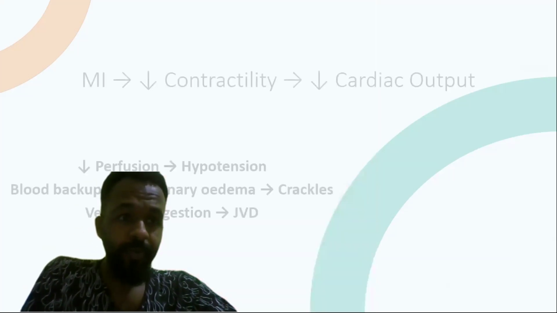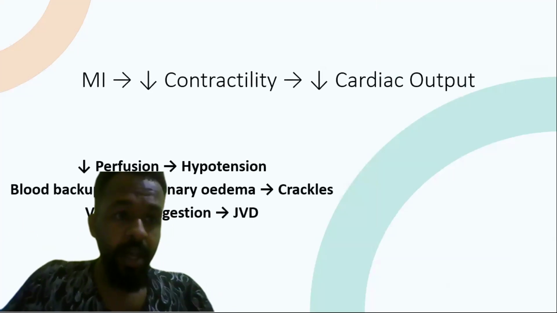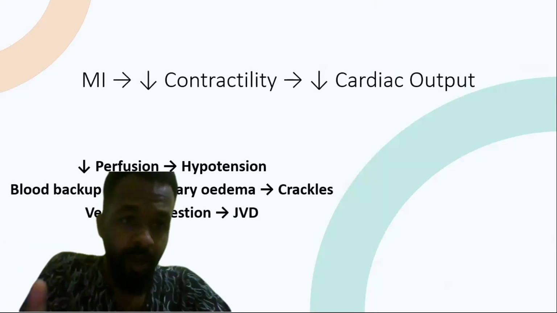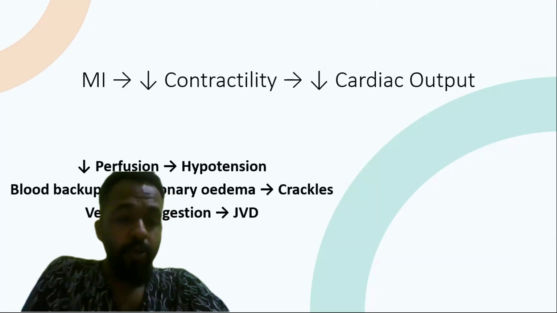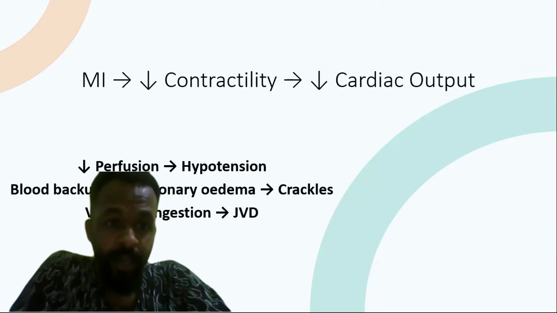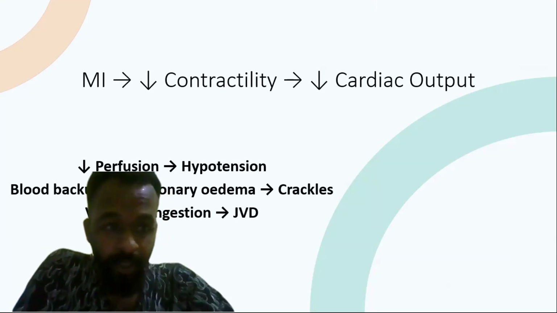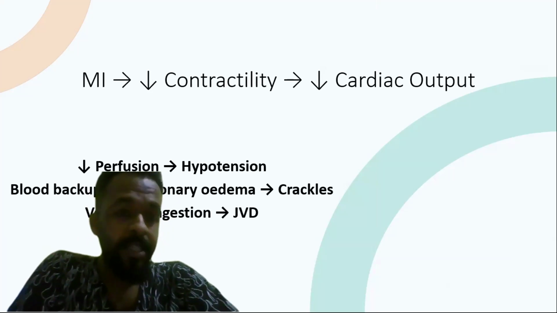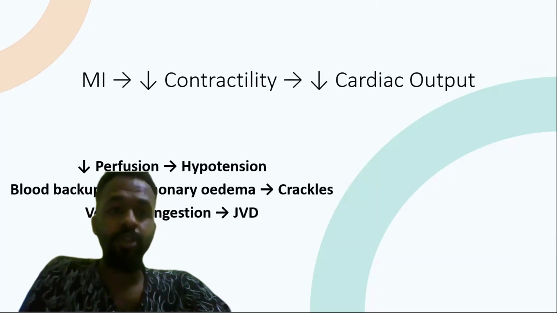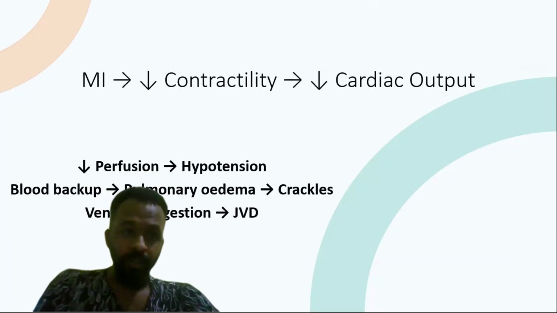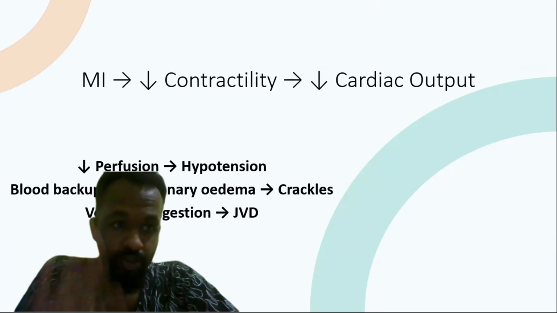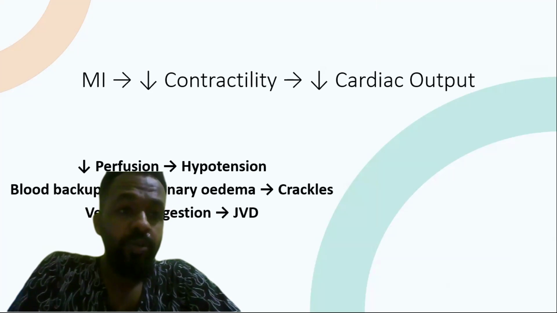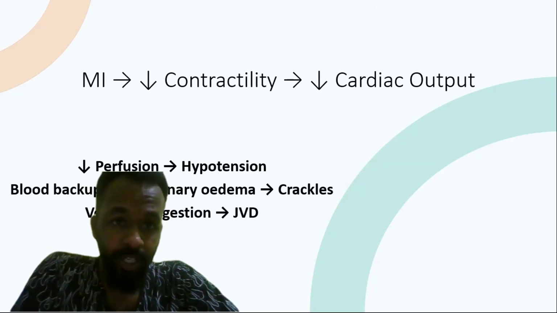So let's understand the physiology here. Cardiogenic shock occurs when the heart fails as a pump. Most commonly on USMLE exams, this happens after a large myocardial infarction. In this case, ischemic damage reduces left ventricular contractility. As a result, cardiac output drops because tissues are not receiving enough oxygenated blood.